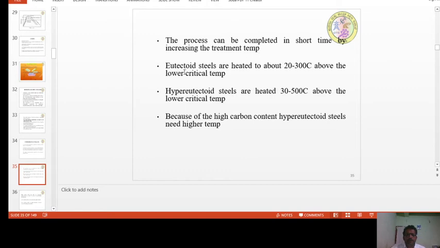Naturally, eutectoid steels are held about 20 to 30 degrees centigrade above the lower critical temperature, and hypoeutectoid steels are heated 30 to 50 degrees centigrade above the lower critical temperature. Because of the higher carbon content, hypereutectoid steels need higher temperature.